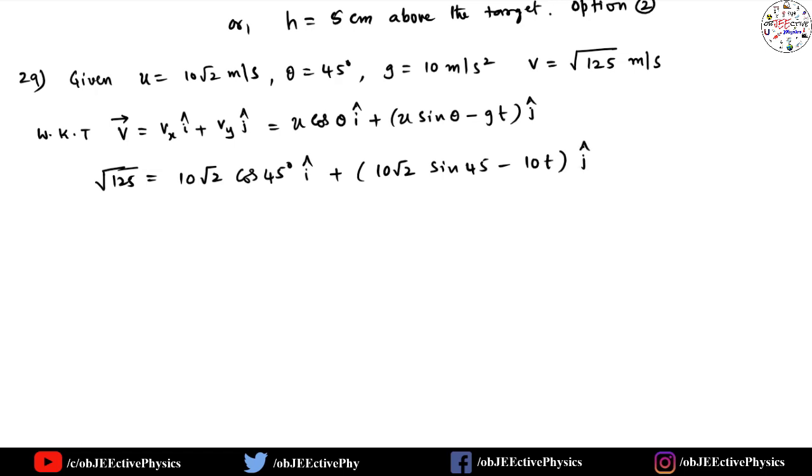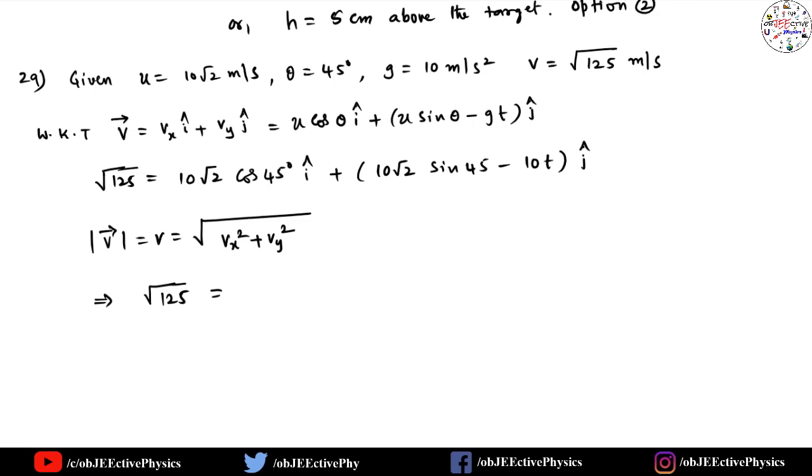So taking magnitude on both sides, we know that magnitude of V bar is equal to V, that is equal to square root of Vx square plus Vy square, or that implies square root of 125 is equal to magnitude of V bar.